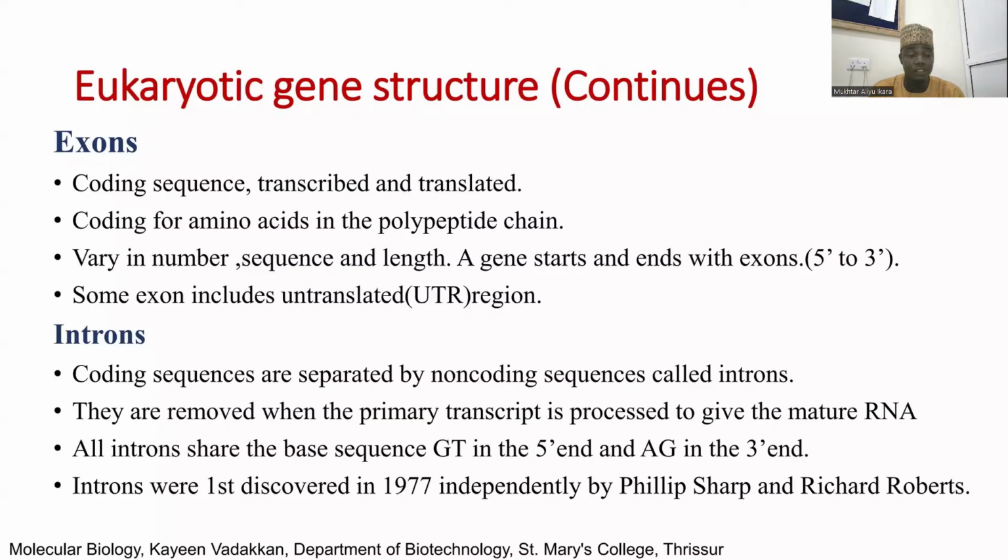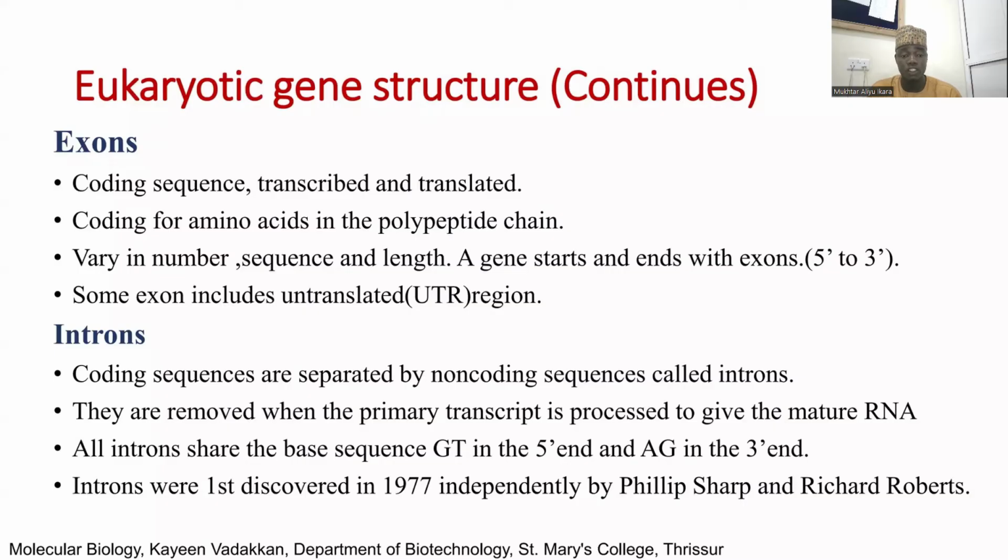And then the next thing is introns. Coding sequences are separated by non-coding sequences. These non-coding sequences are called introns, and they are removed when the primary transcript is processed to give a mature mRNA. You cannot use the primary transcript in protein synthesis. Rather, you have to use mature messenger RNA, so that all the introns are removed by then.